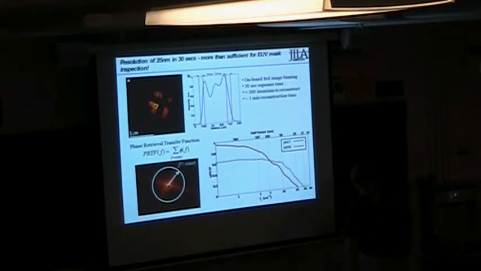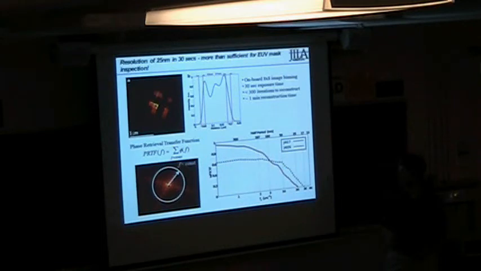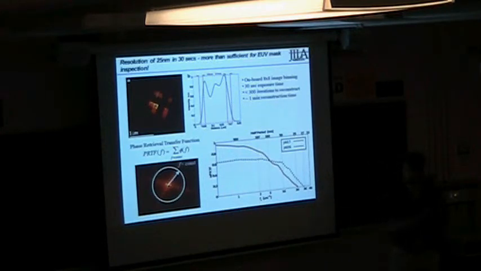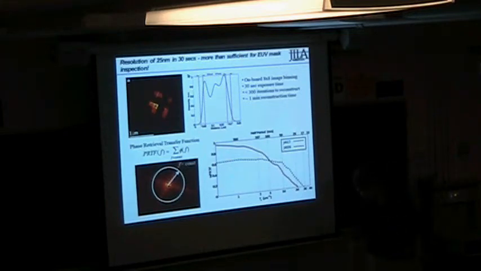And so we're pushing towards being able to do imaging faster, which will be useful for the semiconductor industry, where you want to scan over something you recently made and make sure that there aren't any defects.